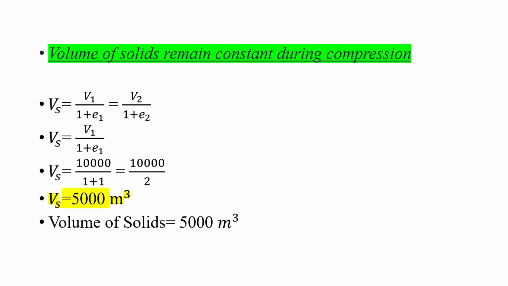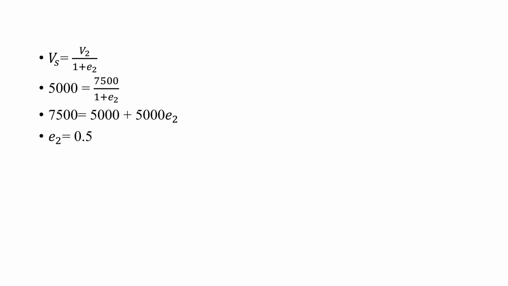Volume of solids will remain the same in the compacted state also. We know Vs equals V2 by 1 plus e2, so 5,000 equals 7,500 by 1 plus e2. e2 equals 0.5. Therefore, the void ratio of the compacted soil is 0.5. That is the answer.